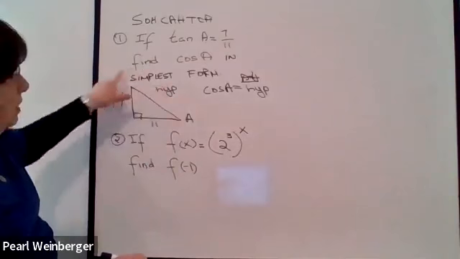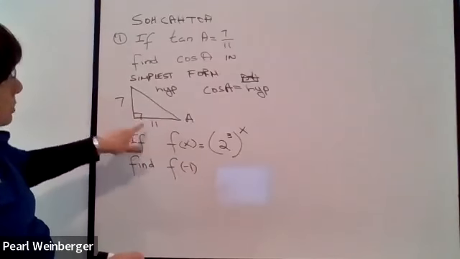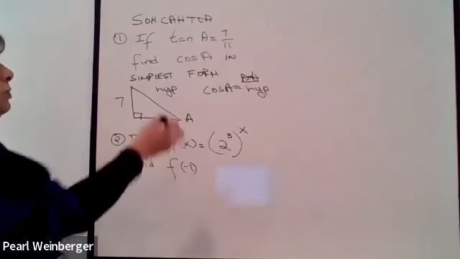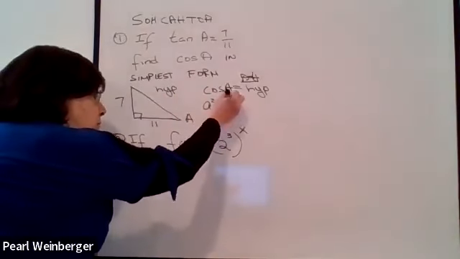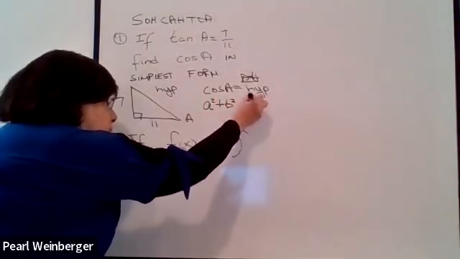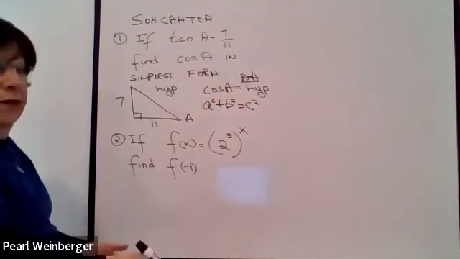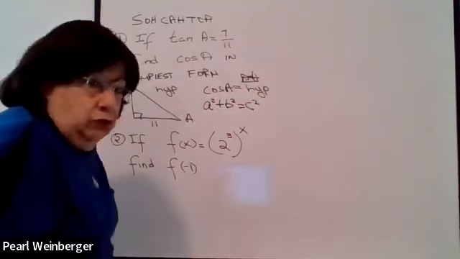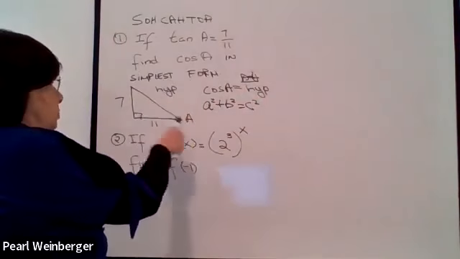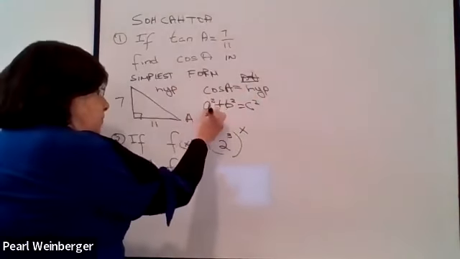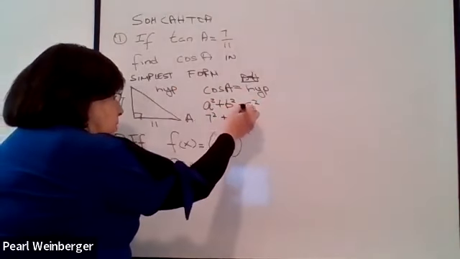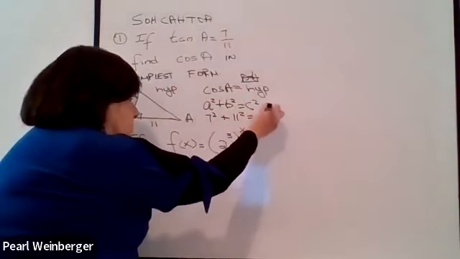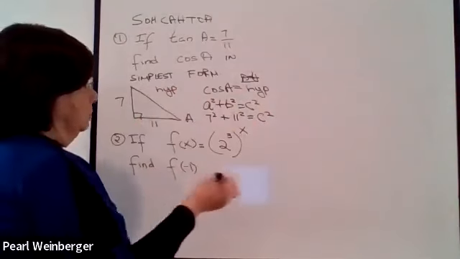But we know every time we have a right triangle, if we have two sides, we can use our Pythagorean theorem, a squared plus b squared equaling c squared, to figure out the third side of that right triangle. So here I'm going to do 7 squared plus 11 squared equals c squared. The c is always the hypotenuse.